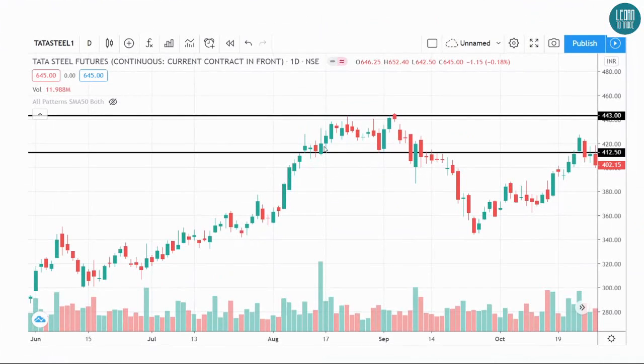At this point we are getting multiple attempts from the buyers and from the sellers, again from the buyers and again from the sellers, but all these attempts are with low volumes. There are no great volumes, so there is not much expectation straightforward either from buyers or from sellers.